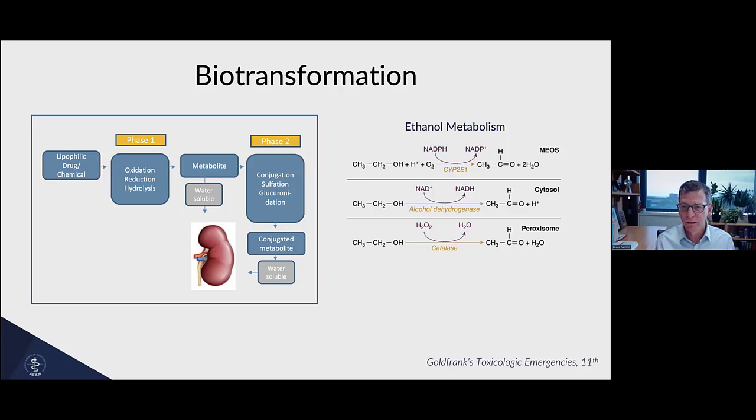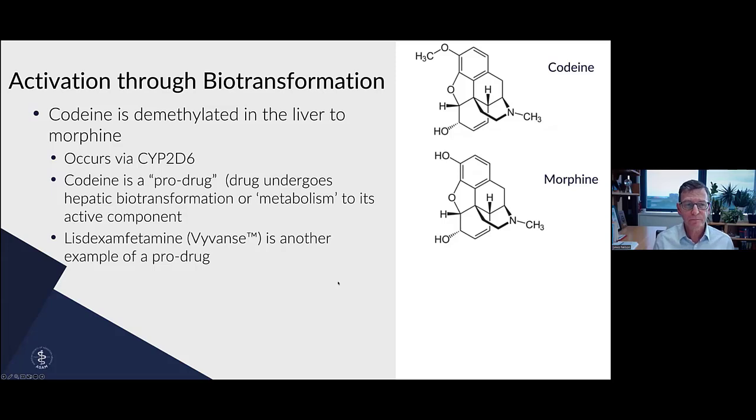In certain populations, they have an overactive ADH or an underactive aldehyde dehydrogenase, leading to a buildup of acetaldehyde, leading to what's this so-called flush syndrome that people have. It is not limited to Asians, but that is the name of the syndrome.